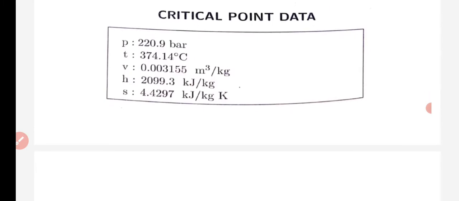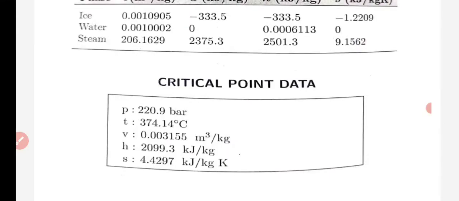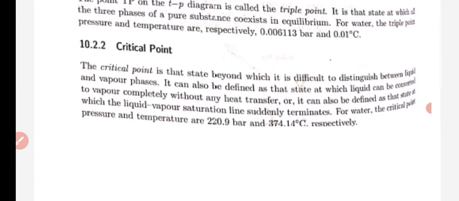The enthalpy is 2099, or you can say 2100 kilojoules per kg, and the entropy is 4.4297 kilojoules per kg Kelvin. Okay.